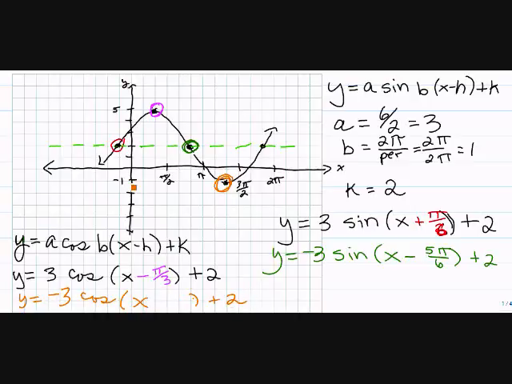Let's see how far that shift was. It was 1, 2, 3, 4, 5, 6, 7, 8 to the right, so it's minus. 8/6 is 4/3, so 4 pi over 3.